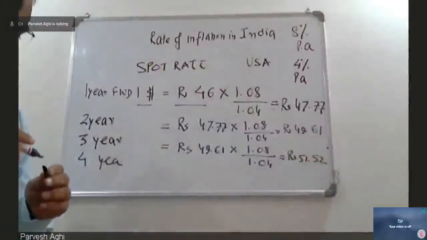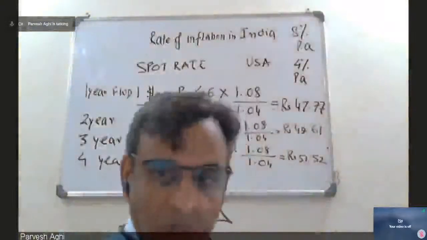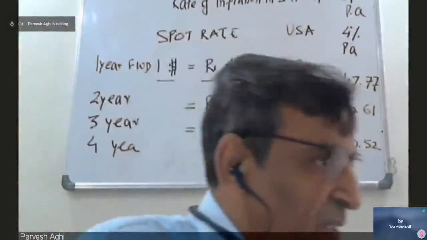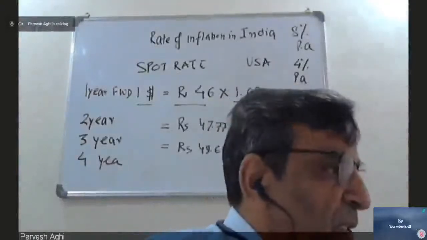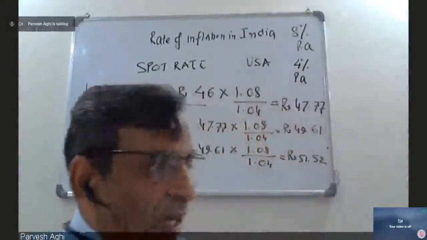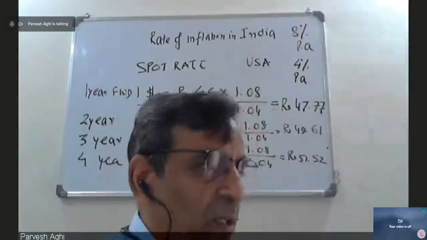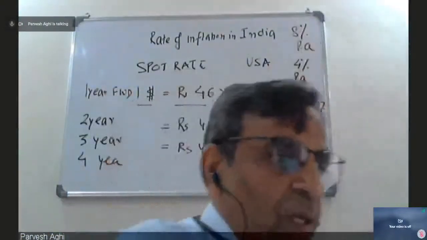After that we'll head for the break. Yes, Nina from Delhi has given the answer as 53 rupees 50 paisa. So that is the right answer. Others also please do that. So the answer is 53 rupees 50 paisa.